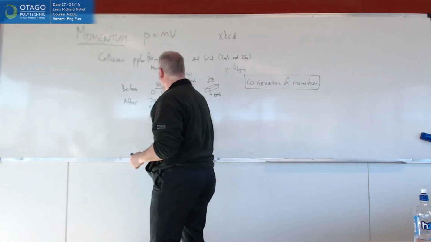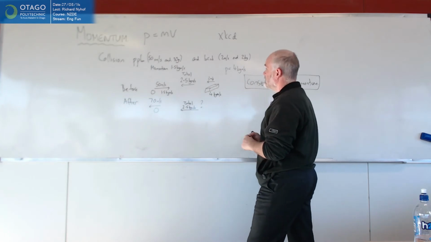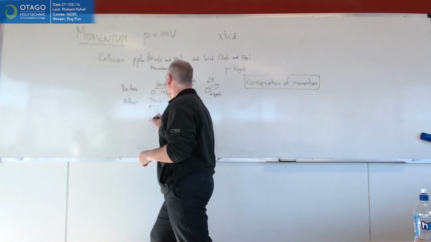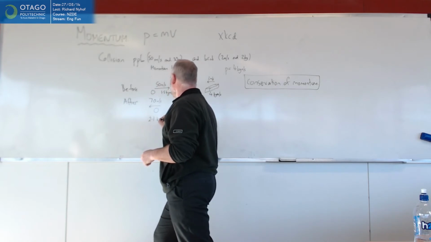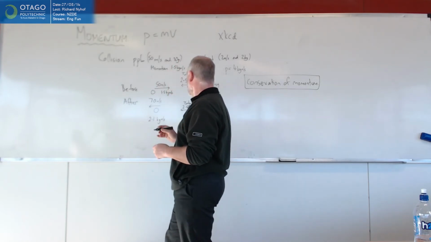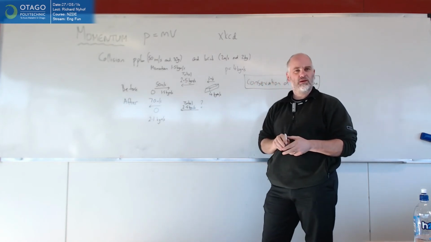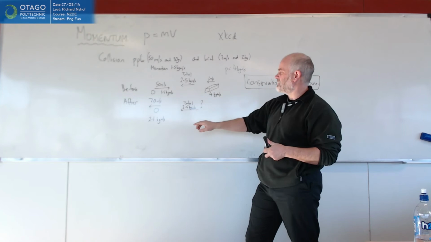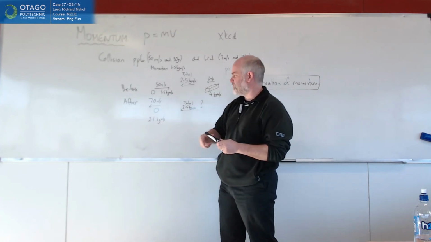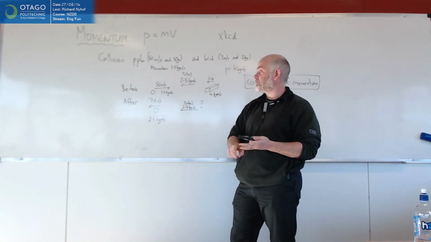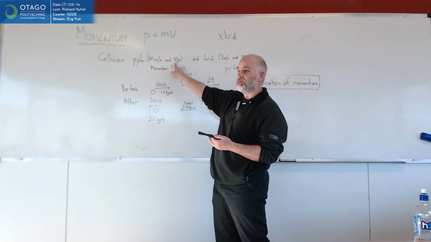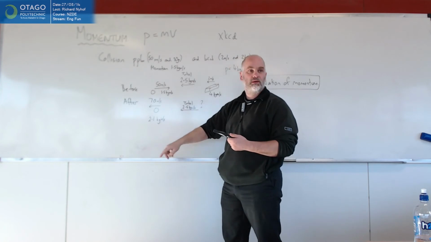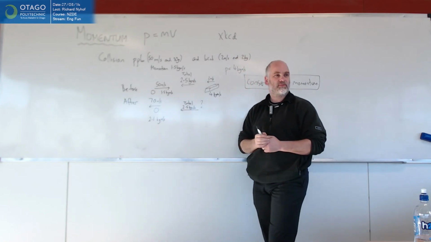Does that sound right? 70 times 0.03 is 2.1 kilogram meters per second. All happy with that? So all I've said is momentum of the ping pong ball afterwards is just mass times velocity. The mass is still 30 grams times the velocity is now 70, gives us 2.1 kilogram meters per second.